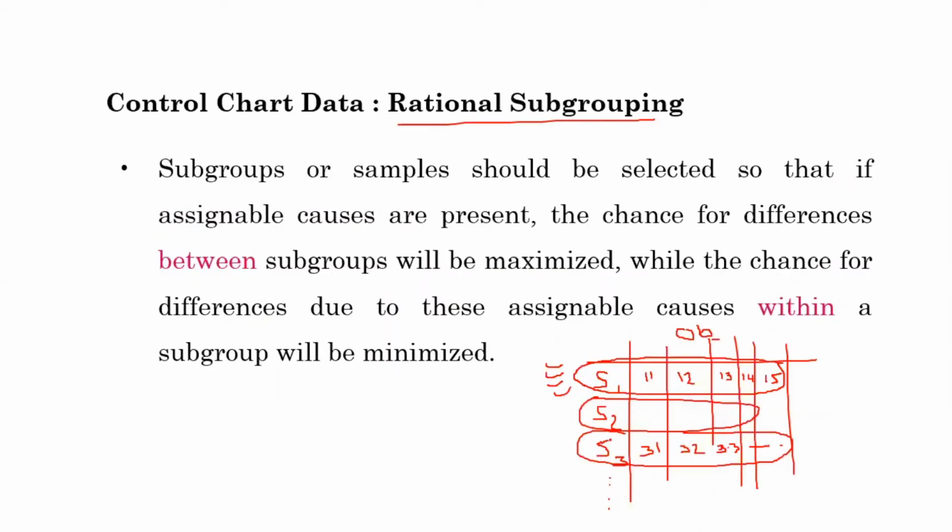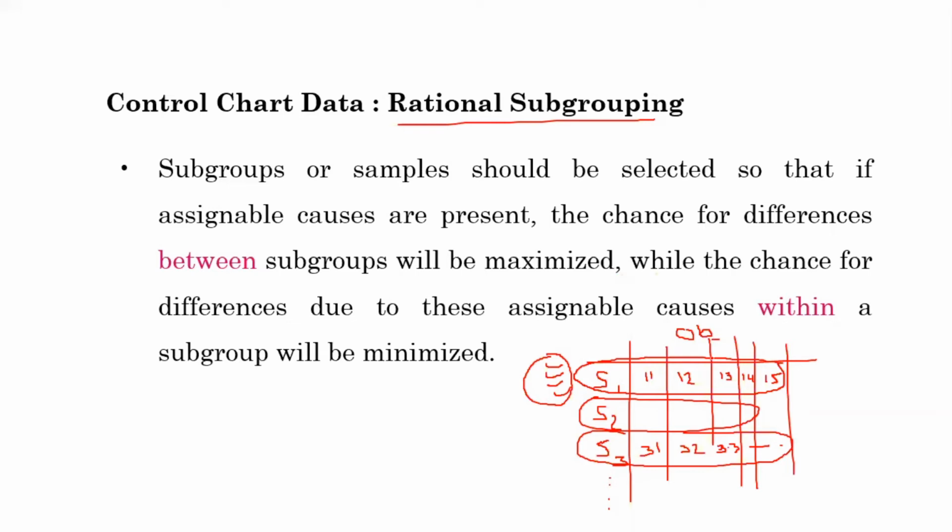Then the difference is big, or you could see the difference between these operations. That means you could see the difference on who was the operator, what type of raw material was used, which machine was used, and so on.